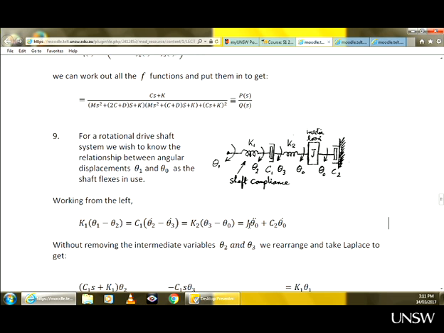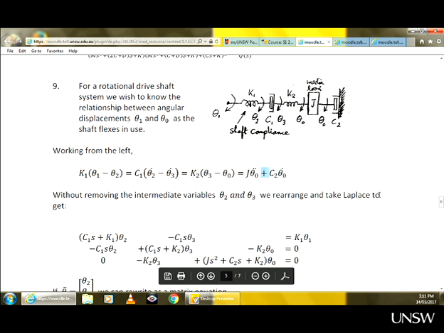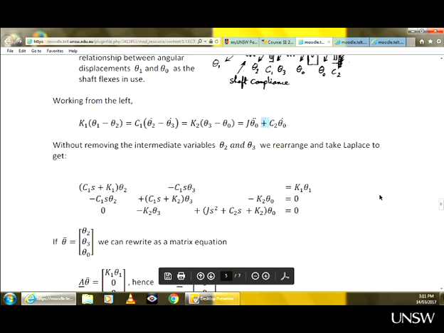So the inertia term, J theta O double dot, equals the torque in the spring minus the torque in the damper. Therefore, this plus here, and this torque in the damper is moved to the right-hand side of the equation. Okay, I hope this makes it a little bit clearer before we move on.